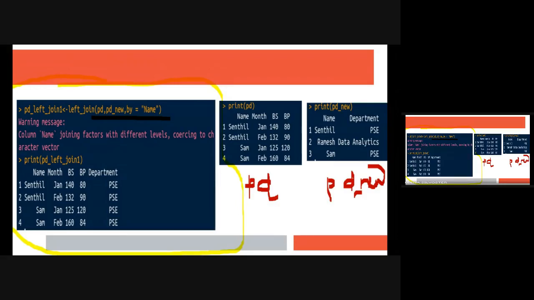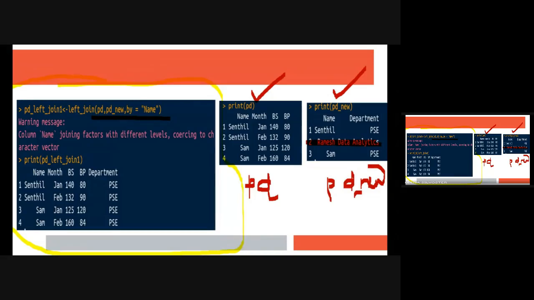By comparing PD and PD new, what are the common names present in both? It's Senthil and Sam. But Ramesh is absent in PD. So we cannot add Ramesh into the left join result. So here Ramesh is absent.